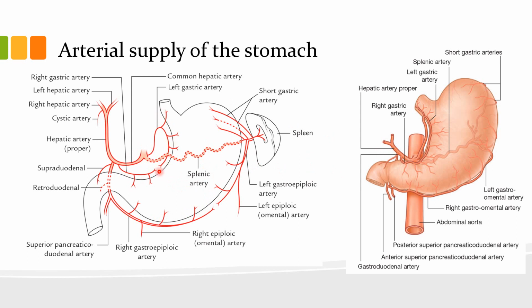The arteries on the lesser curvature are called the gastric arteries. The arteries on the greater curvature are called the gastro-epiploic or gastro-omental arteries, because these arteries will supply the stomach and the greater omentum which arises from the greater curvature.